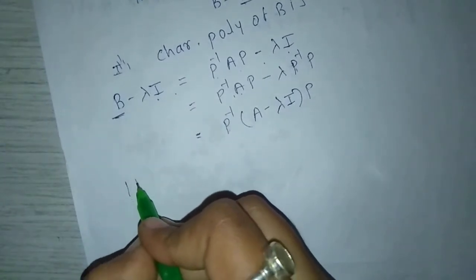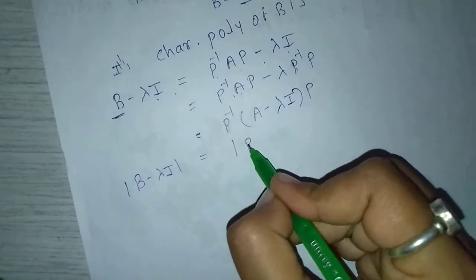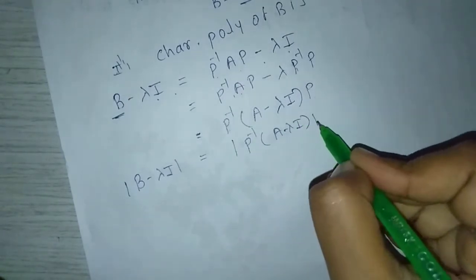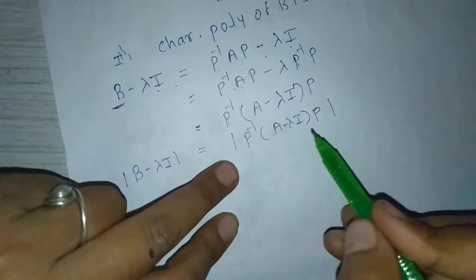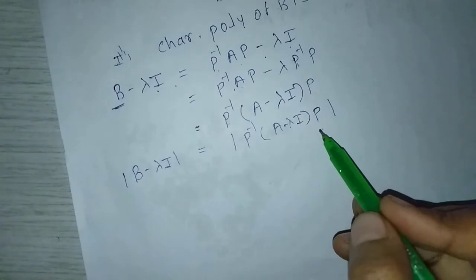Now calculate the determinant of B minus lambda I, which equals the determinant of P inverse into A minus lambda I into P. Here P inverse, A minus lambda I, and P are matrices of order n.